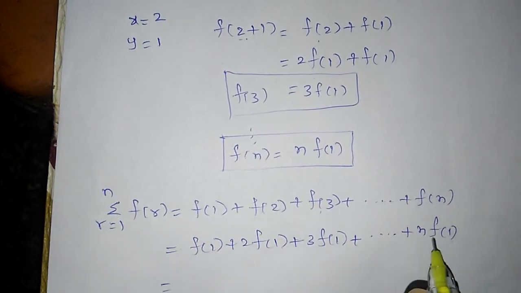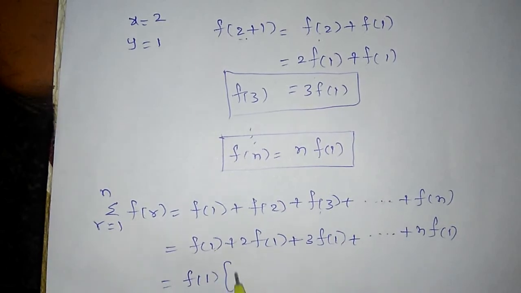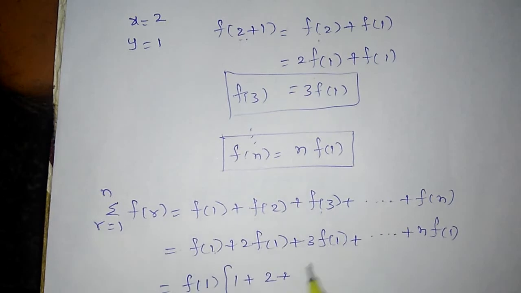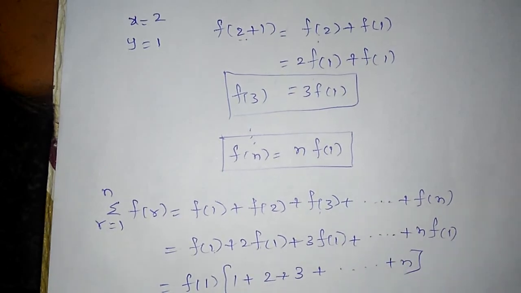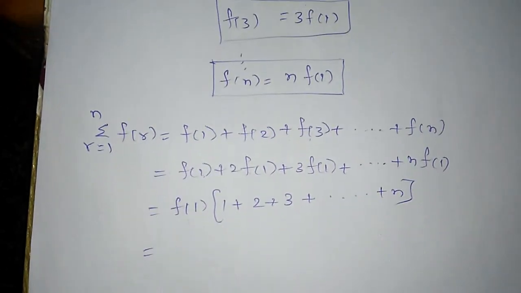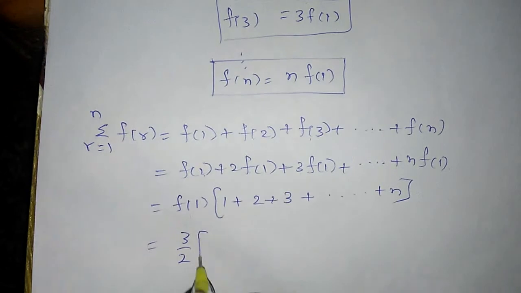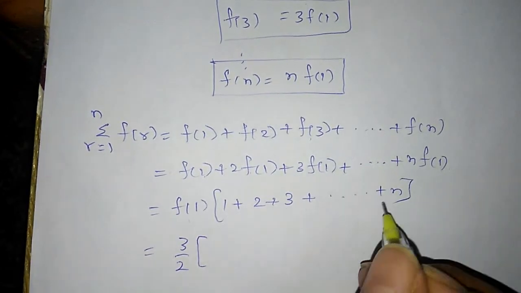So here f of 1 we can take common. We take f of 1 common, here we have 1, here we have 2, here we have 3, and so on up to n. So f of 1 value is given as 3 by 2, and this is the sum of first n natural numbers, 1 plus 2 plus 3 and so on up to n.